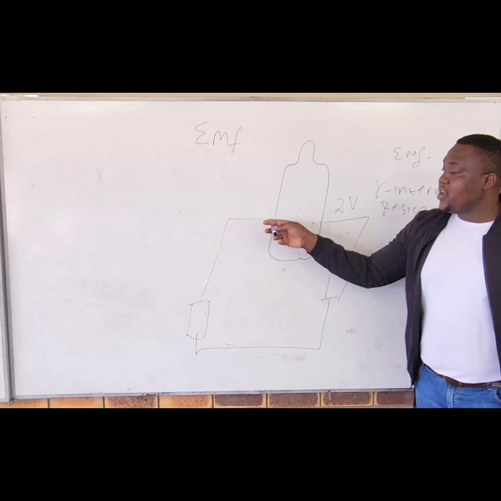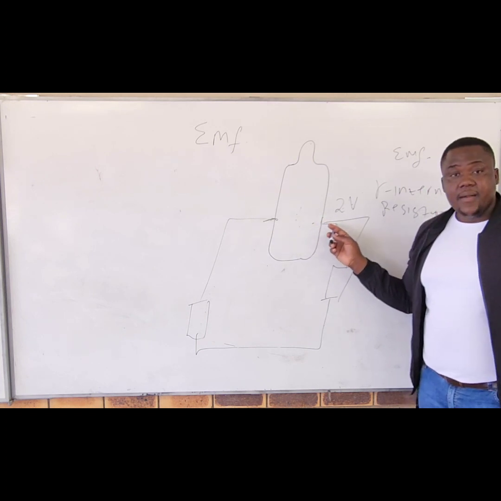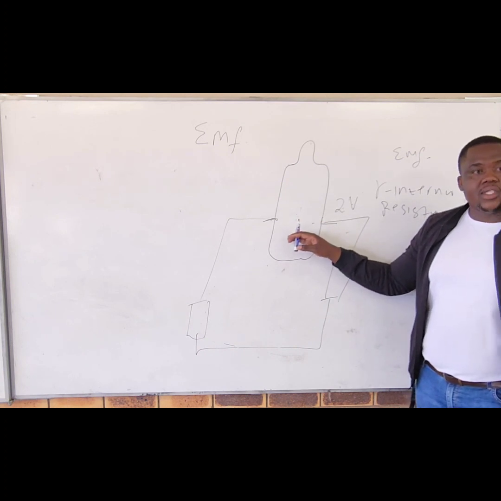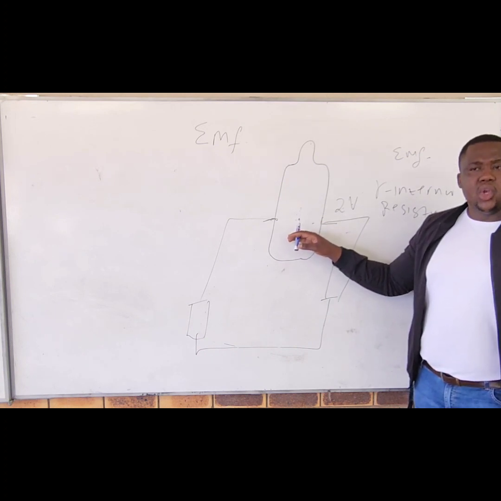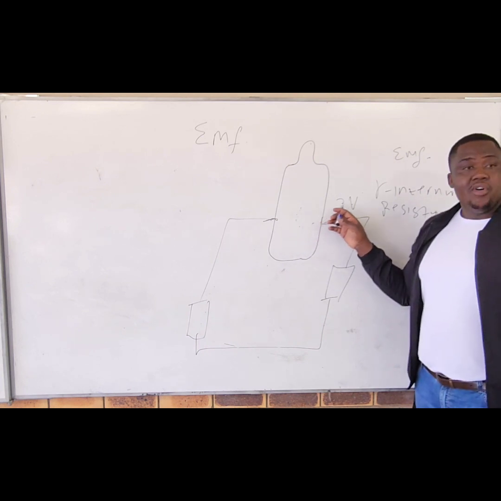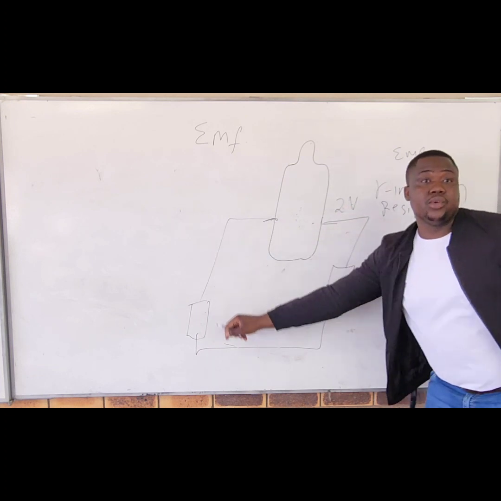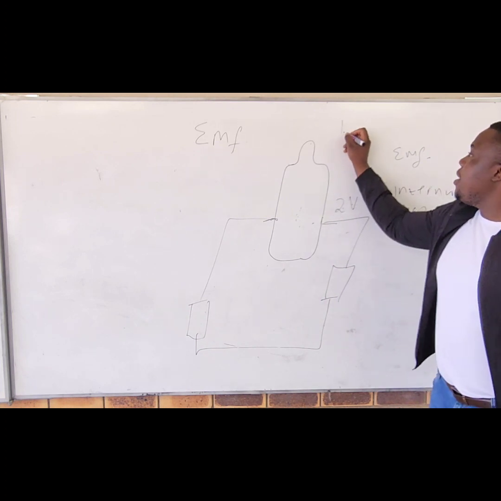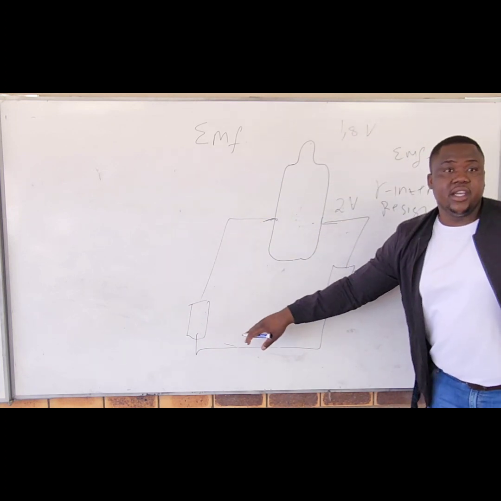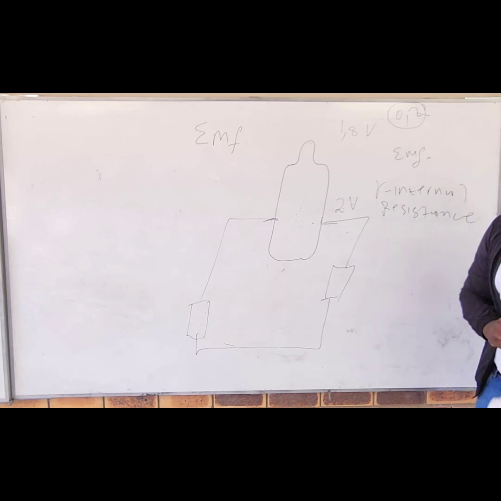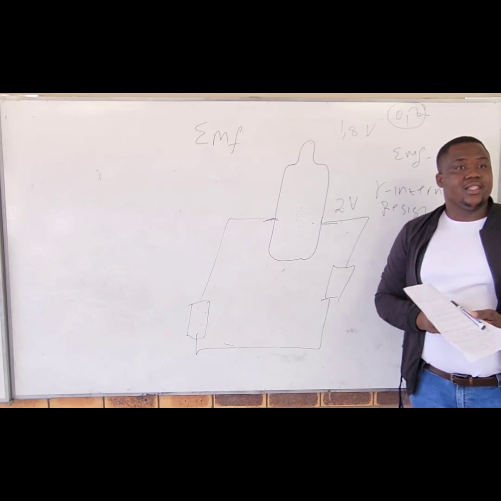That's why, as we've connected this battery in this circuit, the battery will start to become warm, because some of the energy is being lost in the form of heat. So if this battery can provide 2 volt, it does not mean that we're going to have 2 volt circulating here. We may have 1,8 circulating in the whole circuit. What happened to the 0,2? It was lost in the form of heat because of internal resistance. I hope you understand.